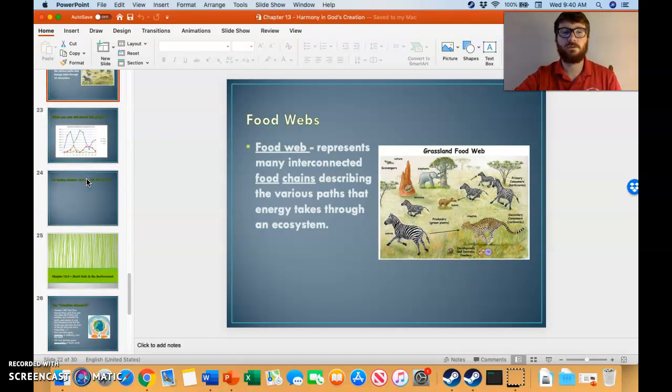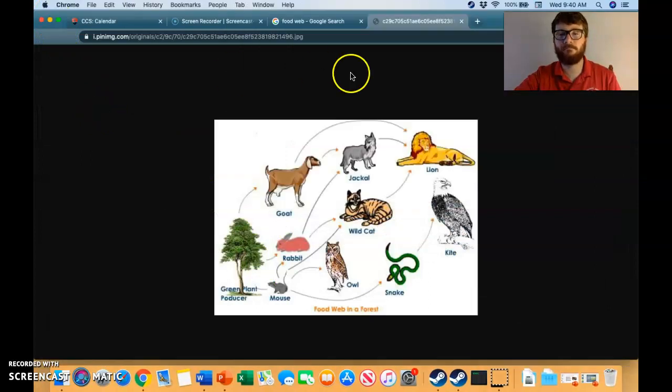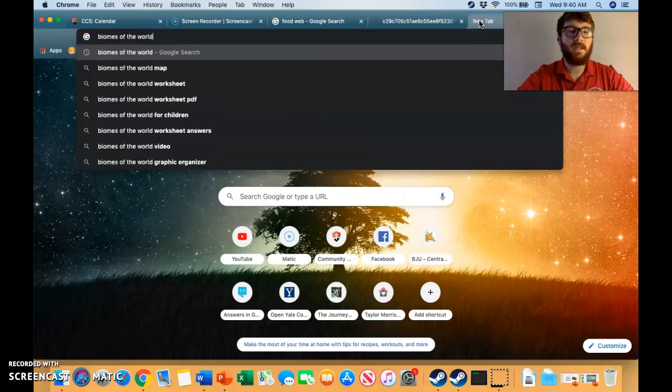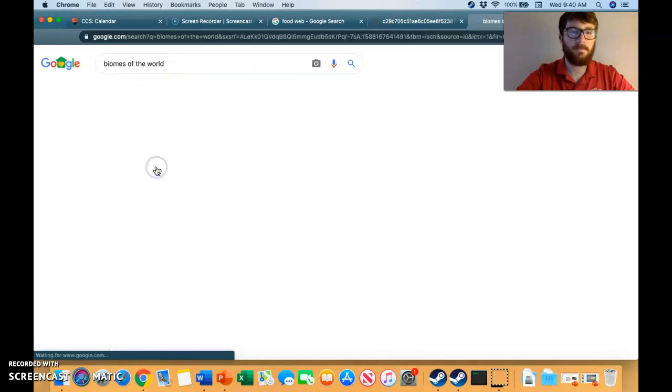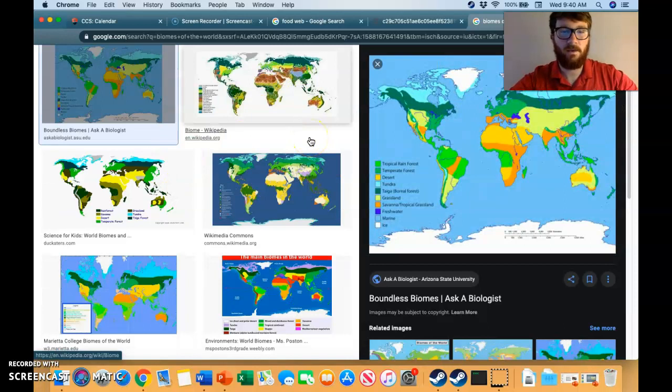And the first thing you're going to do is to select a biome. Now there are many biomes out there. You can just Google biomes of the world, pull up the first result, and you have tropical rainforest biome, this biome.